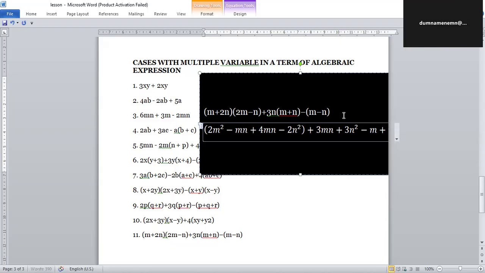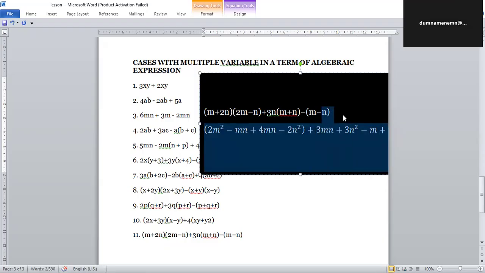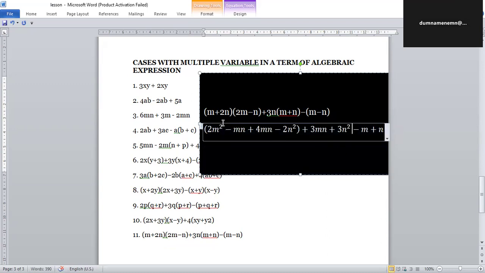All right, so let me reduce that so that we can actually see everything. Remember I still put this in the bracket, so let me just remove it from the bracket.